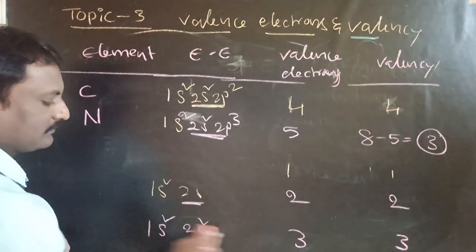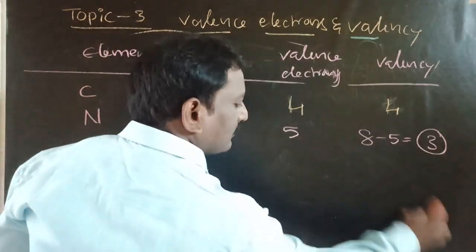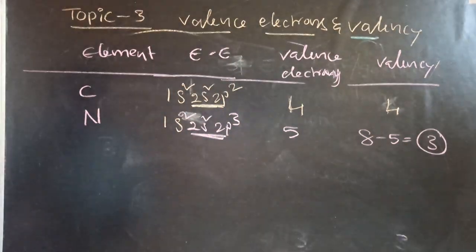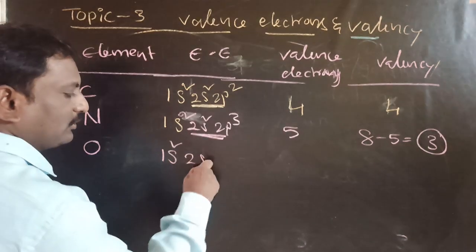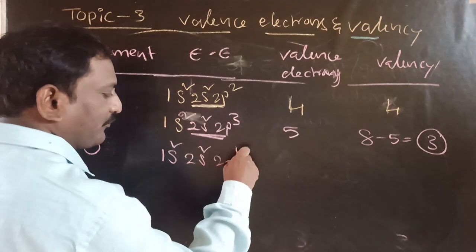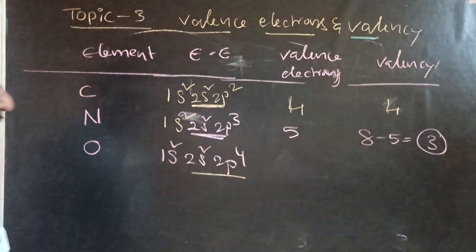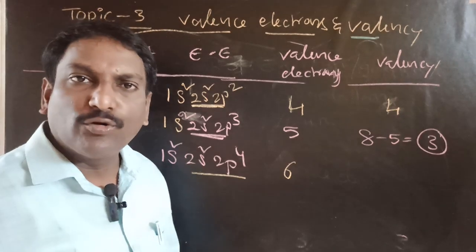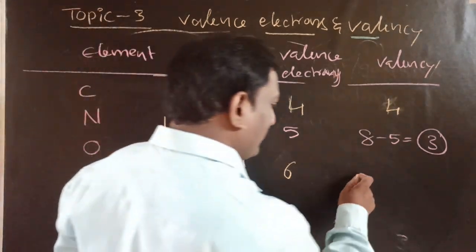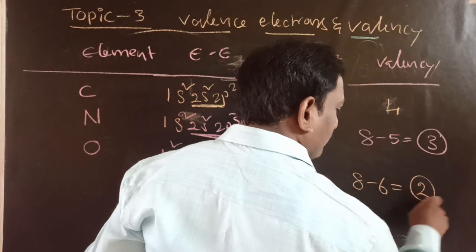Next one, oxygen. Atomic number 8, electronic configuration 1s2, 2s2, 2p4. The second shell will be the valence shell, 6 electrons are there. If the element has more than 4 valence electrons, then valence will be 8 minus 6, that is 2.